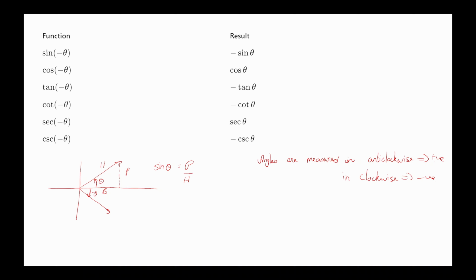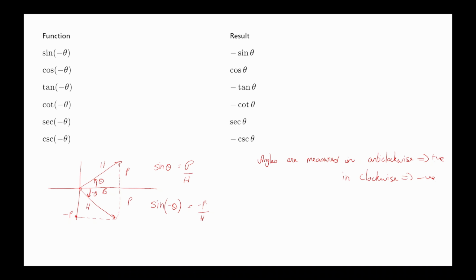And here again, if I look at this theta, I would have a perpendicular. The distance is p, so the absolute value is p. However, my y value would become minus p, because the y value is negative here. So sine of minus theta becomes minus p by hypotenuse. My hypotenuse remains the same, since it is the distance that I'm measuring.